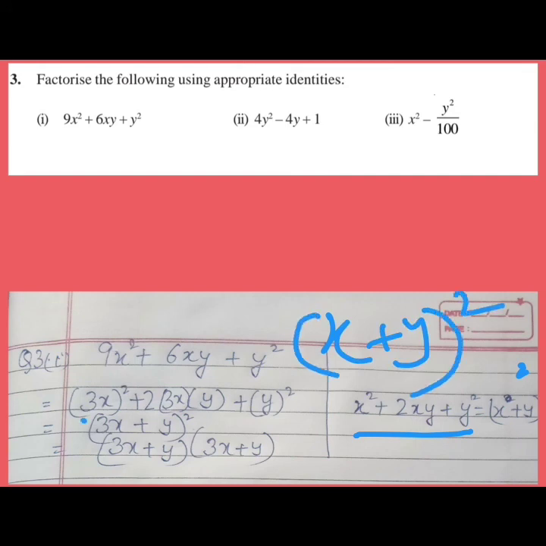So x is 3x and y is y, so it is (3x plus y) whole square, and we have written it 2 times because it is factorization.